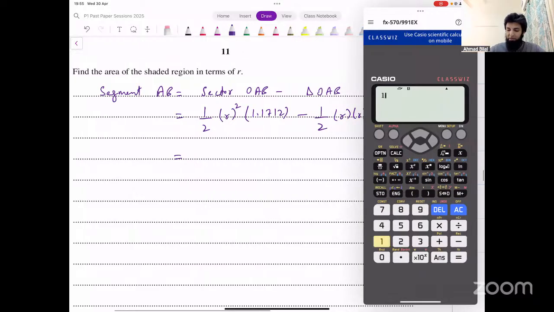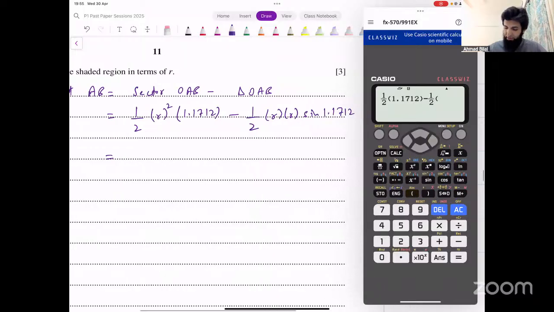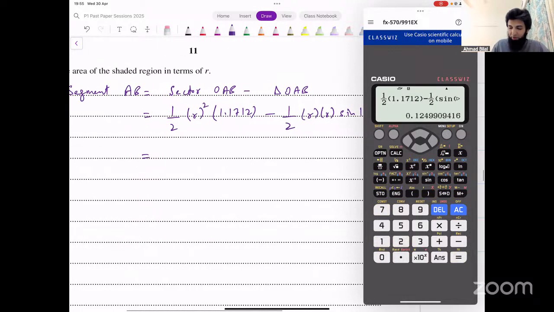You'll say this is 1/2 into 1.1712 minus 1/2 times sine of 1.1712, close the brackets. Make sure your calculator is in radian mode. You have to be careful with this. And that gives you something that's 0.12499.